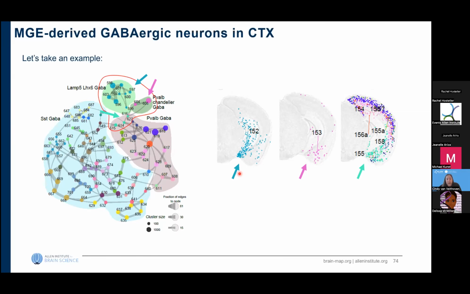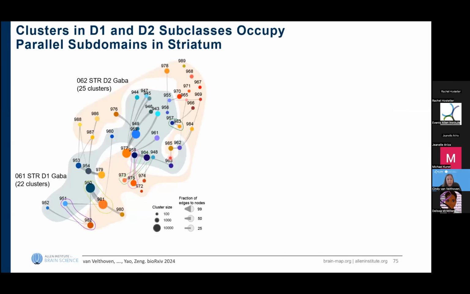But then when you look in the Merfish data, you can actually see that this mint green type resembles both of the other types by occupying the same location, but based on gene expression patterns, they are different enough to classify it as a separate supertype. So this is an example of how we use the Merfish data in annotation of cell types.